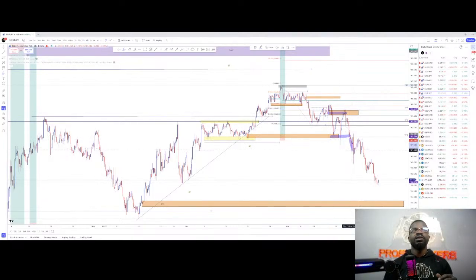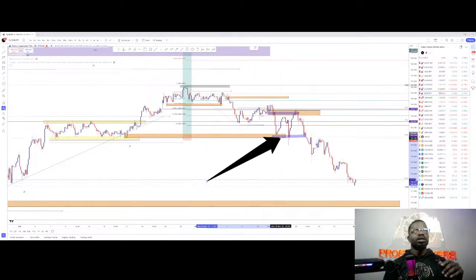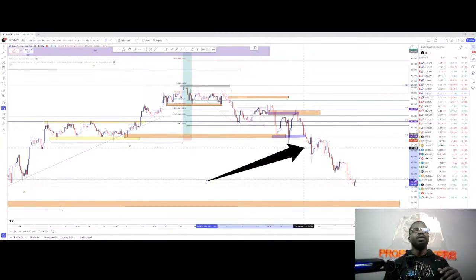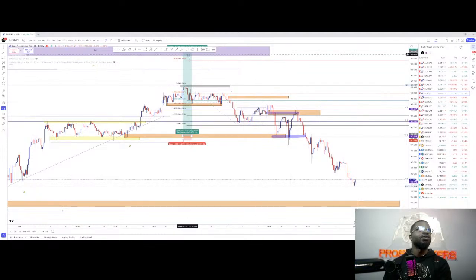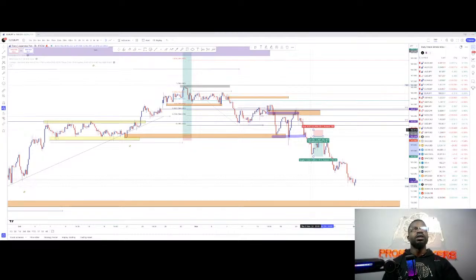When this fell, our initial response is, okay, this structural level of support has been broken, right? So I'm going to wait to give my reaction. That's why I chose that particular word in this scenario. I want to react to what price does after, because that helps you gain more certainty with your trade setups.